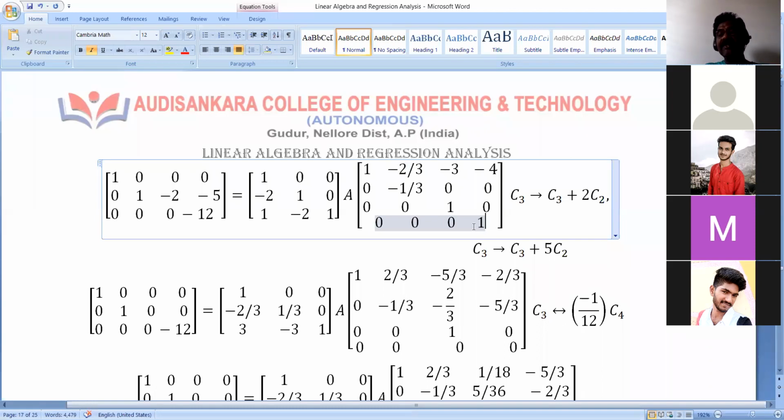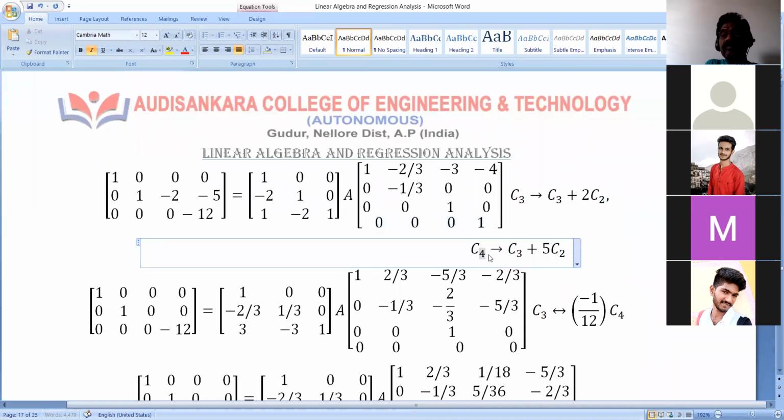These are the values. Now we want to reduce the third column second element and fourth column second element as zeros by using column operations. Those column operations are: in place of C3, C3 plus 2C2, and in place of C4, C4 plus 5C2.